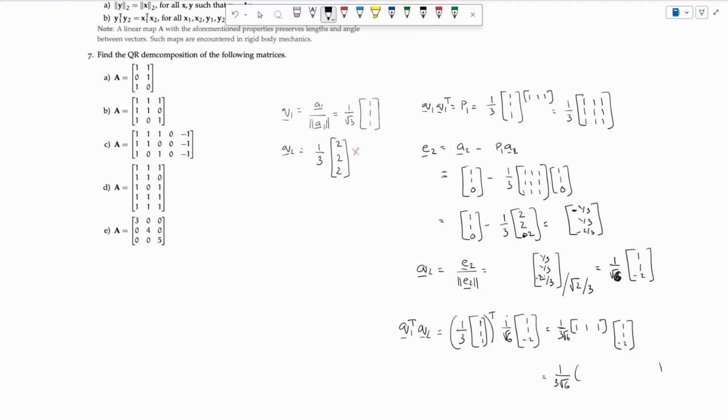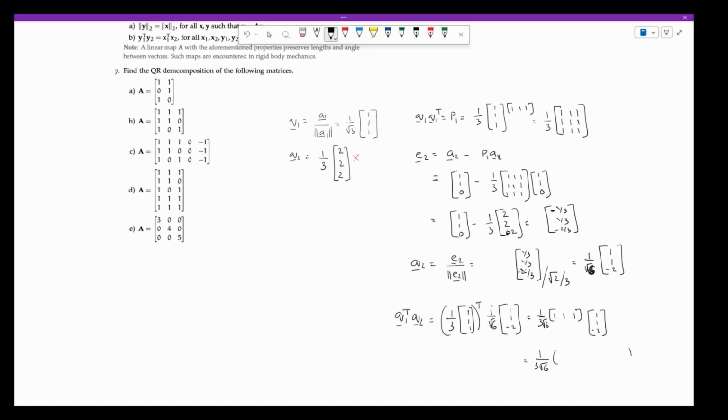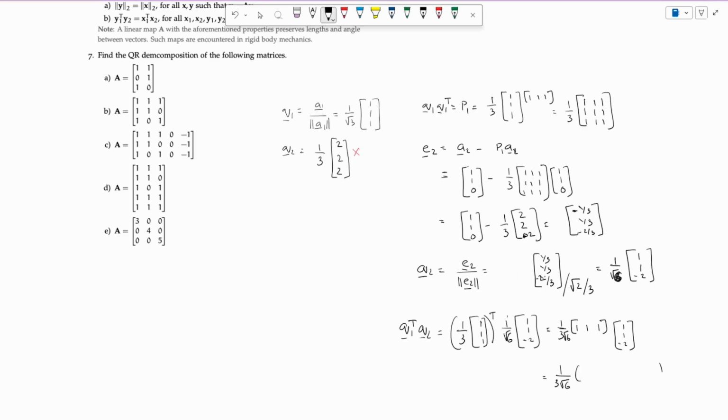Great. Is it 0? Why did it take so long to compute the standard inner product?